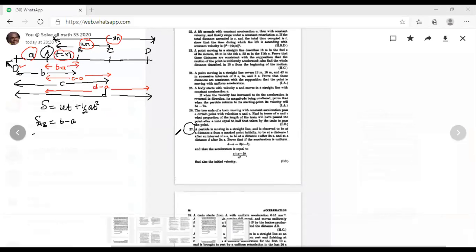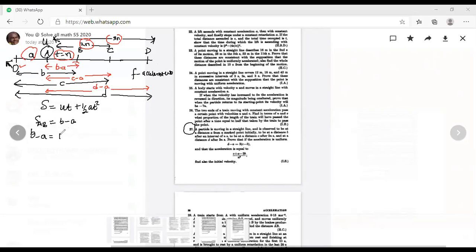To start with, I'm looking at the distance between A and B, which is B minus A. We assume it began with the initial velocity U. It is moving in a straight line with an acceleration F. So let F be the acceleration. Do not use A this time round. Do you know why? Because A has been mentioned in the distance.